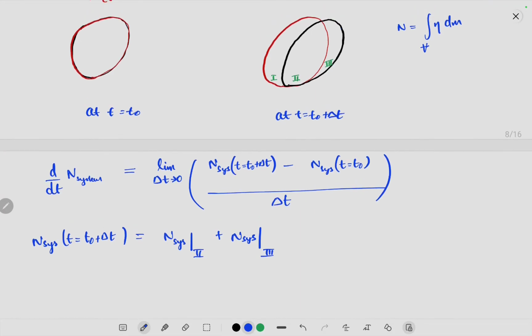Now what would N_system in CV be? That would be nothing but N_system in region 1 plus N_system in region 2, right? I hope this is clear, that N_system CV is equal to N_system 1 plus N_system 2.